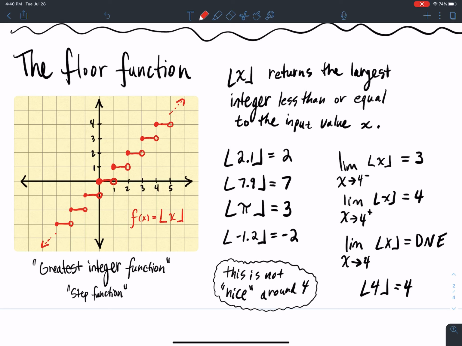Hopefully this video helps you understand more the idea of the greatest integer function, and why it has the name the step function or the floor function. It's kind of a weird symbol, right, where the bottom doesn't connect there, but that's the floor function.